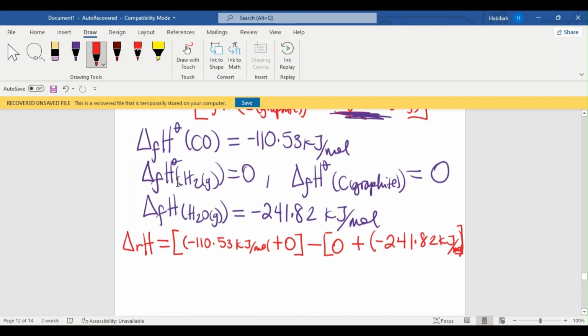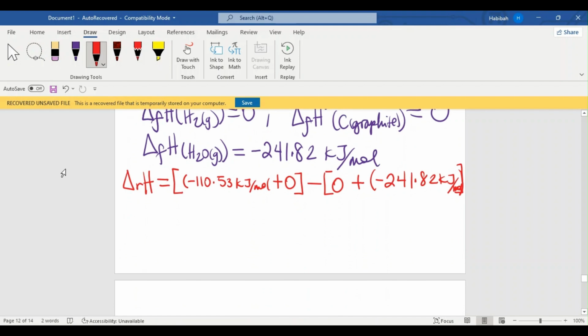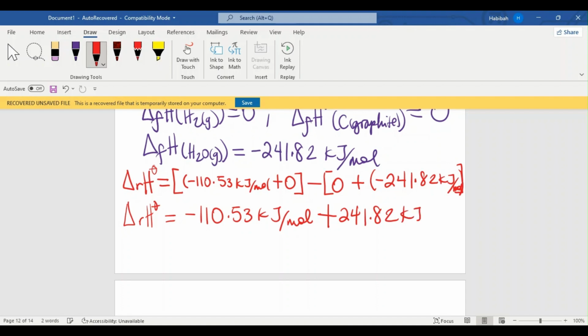So that's basically what's going on. We move on. The change in enthalpy of reaction is going to be negative 110.53 kilojoule per mole, minus and then plus negative. Minus plus minus is just going to give you a plus, and that will be 241.82 kilojoule per mole.